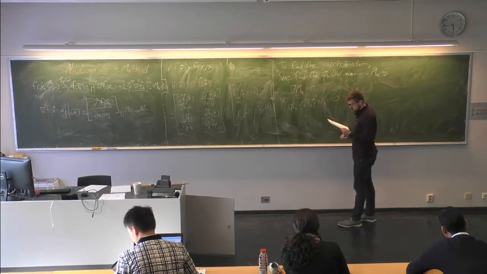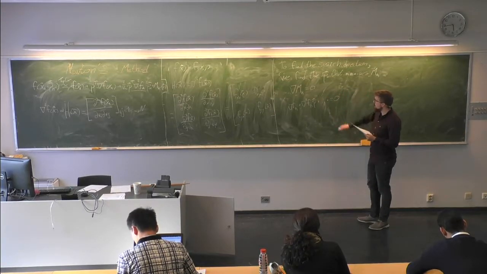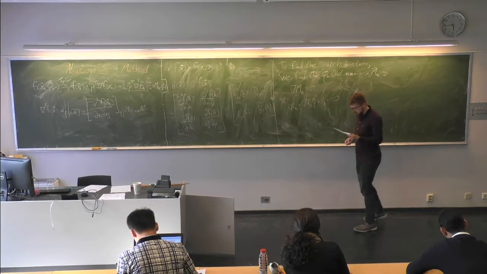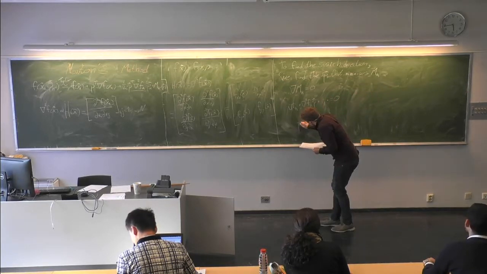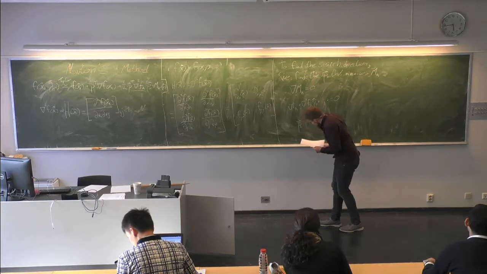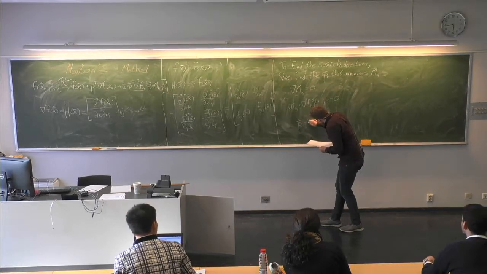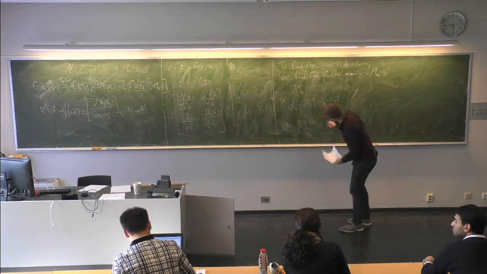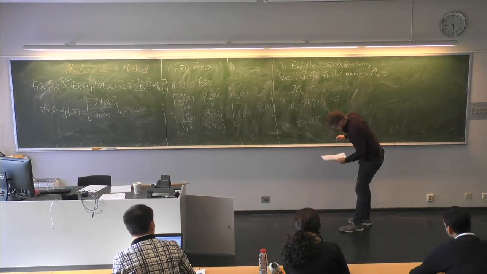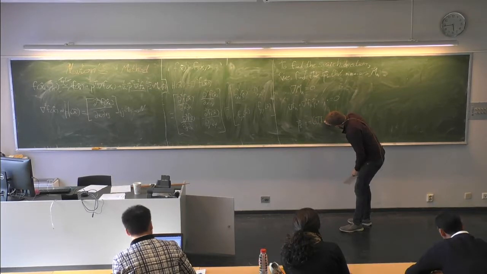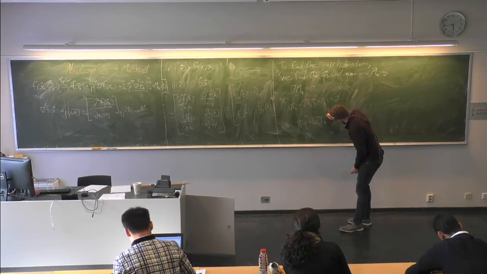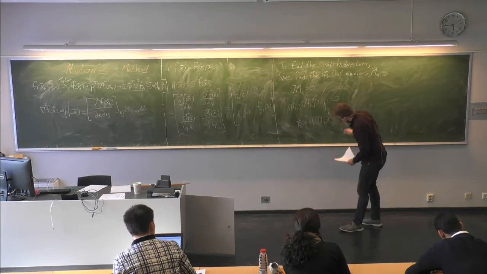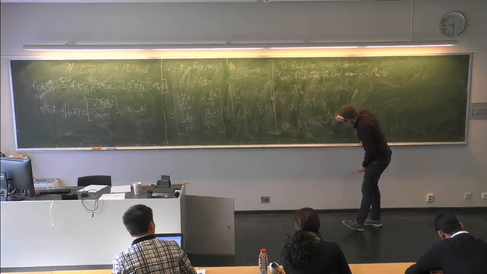This equals 0, and the p that minimizes this, say p_k, is minus the inverse Hessian times the gradient of f_k.